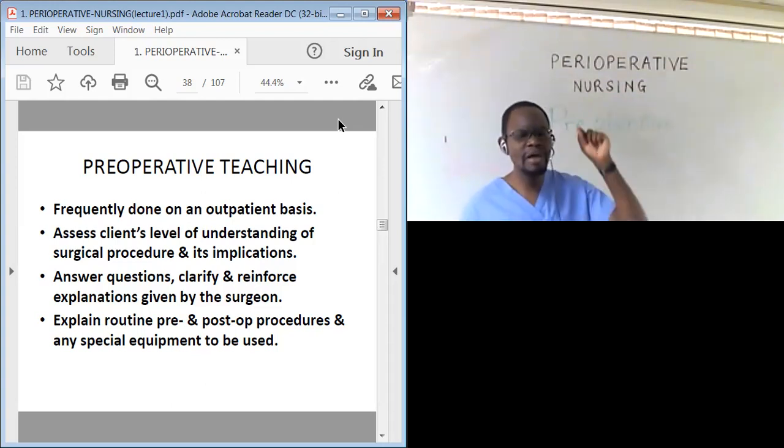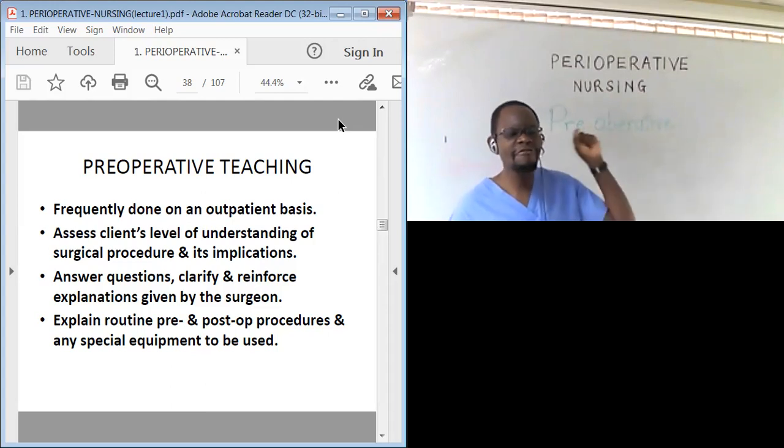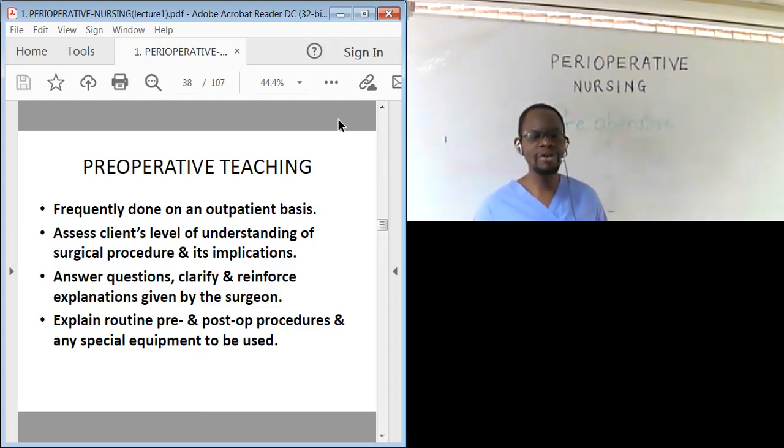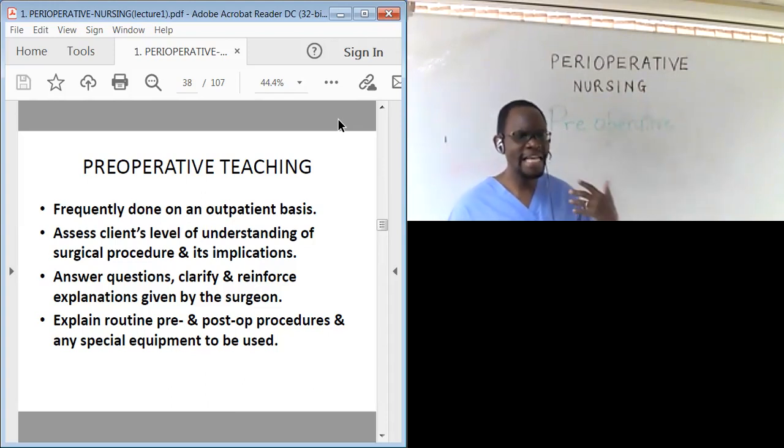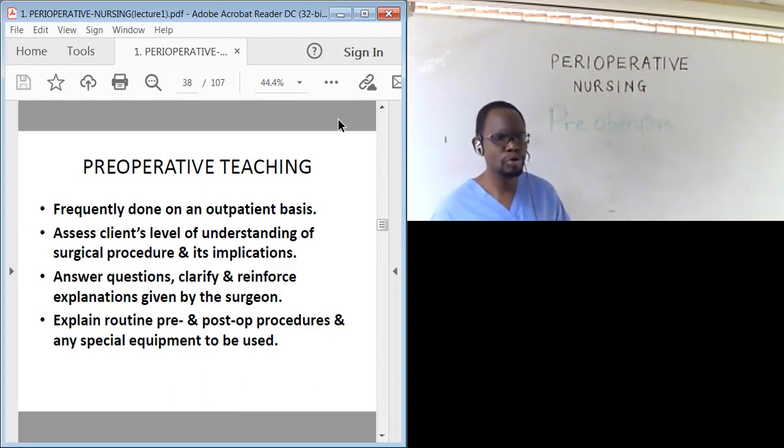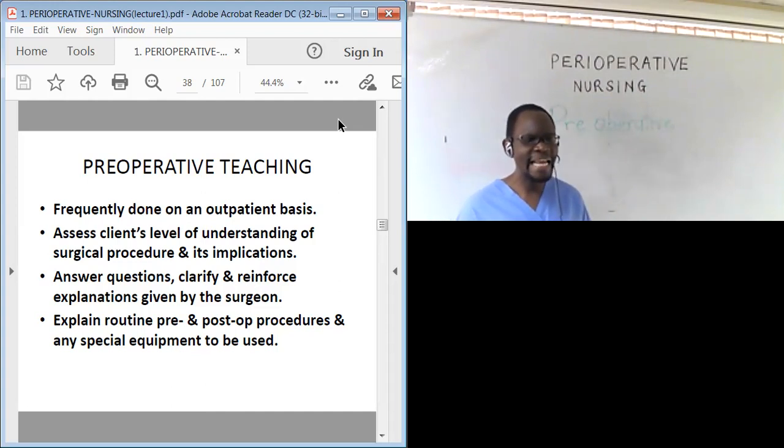But it is also the role of the nurse to clarify and reinforce explanations given by the surgeon earlier. So it is very important, and all this happens in the preoperative teaching. Routine, explain the routine pre and postoperative procedures and any special equipment that is going to be used on the patient. So all this basically happens in the preoperative teaching.